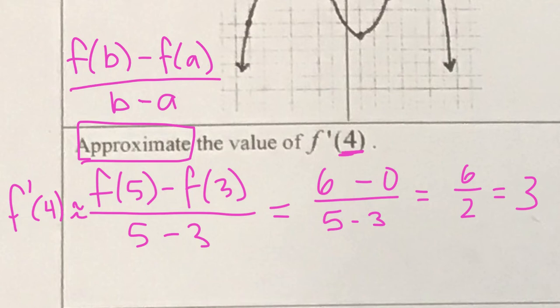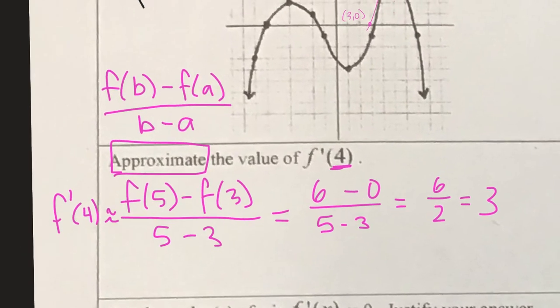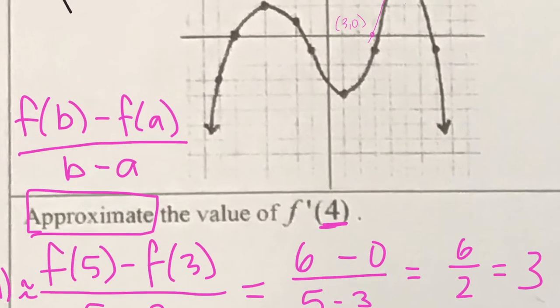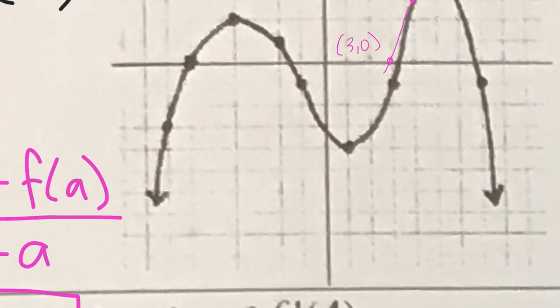Okay, our next question says, at what values of x is f prime equal to 0? Looking at the graph, it looks like we have, once again, negative 4, positive 1, and positive 5. Yes, positive 5.